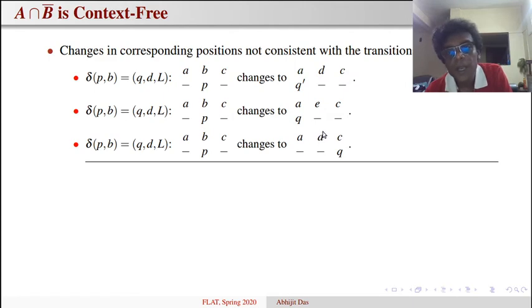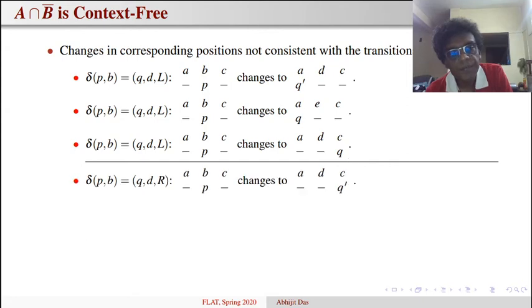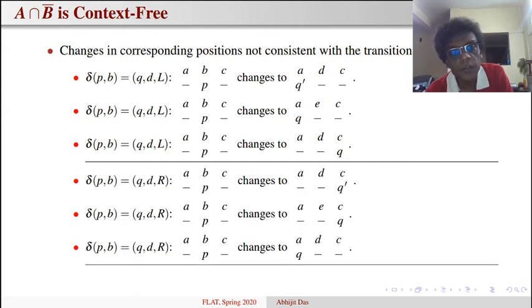It is overwritten by D, state goes to Q, but instead of a left movement, this is a right movement. Okay. Likewise, we have 3 possibilities for right movements. Here, the state changes to Q prime instead of Q, and here instead of D it is E, and here instead of a right movement we have a left movement.